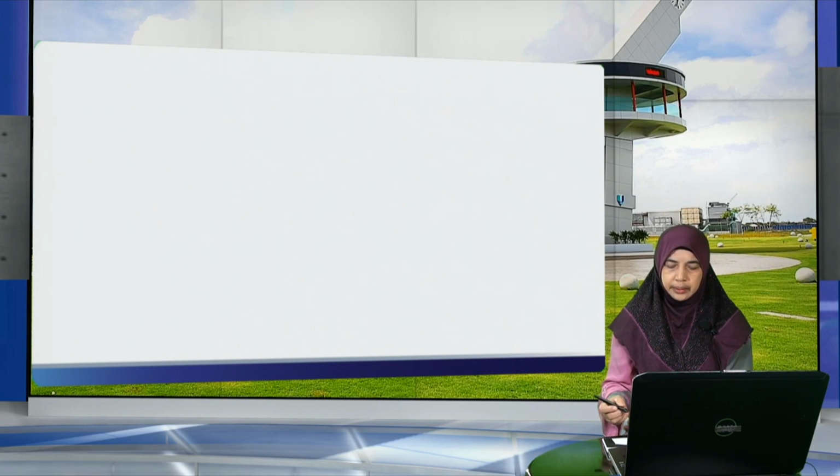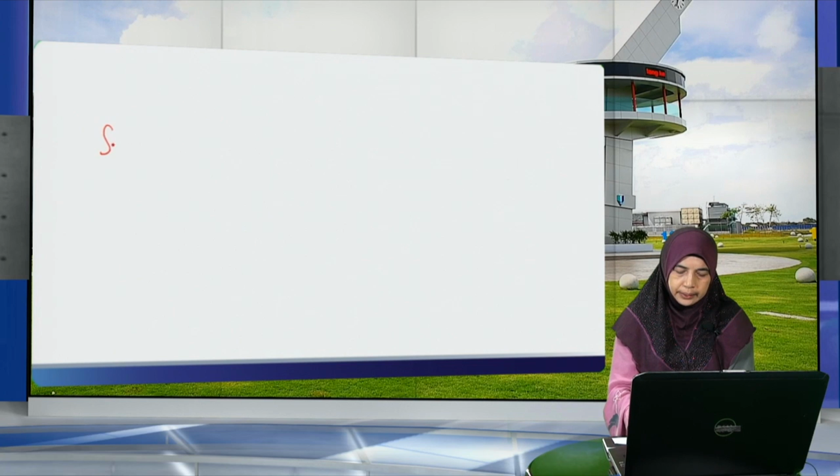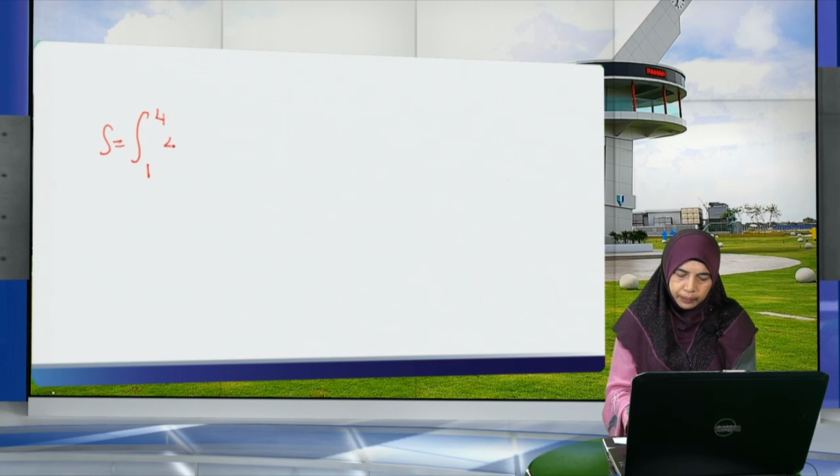So now we need to find the surface area from 1 to 4 just now. From 1 to 4, we have 4 pi, and then we have square root of 5 minus y dy.